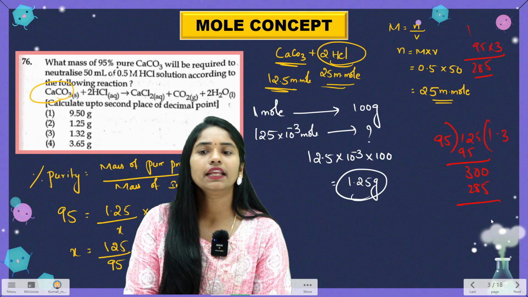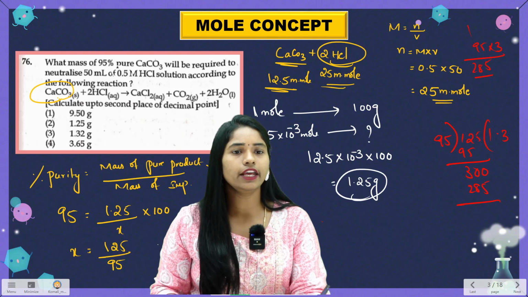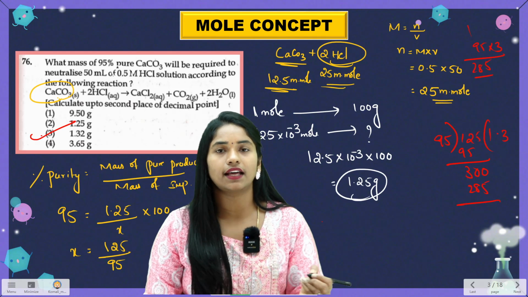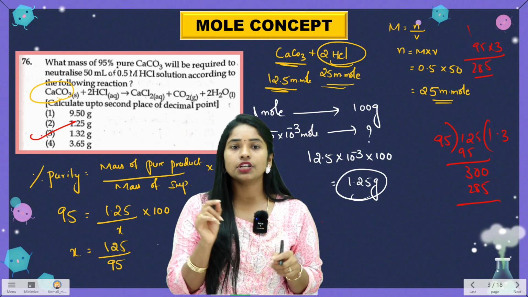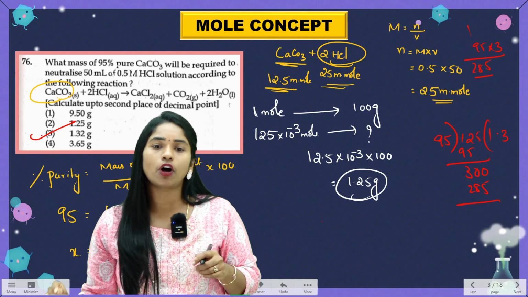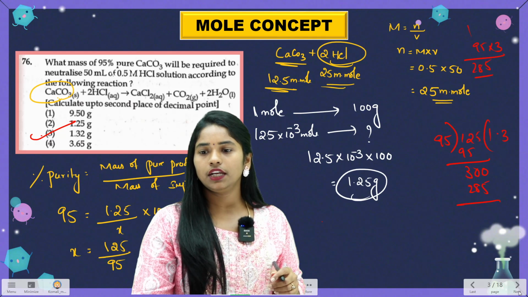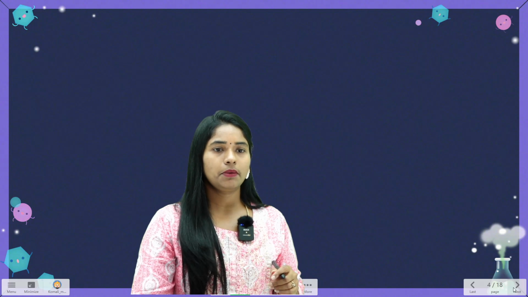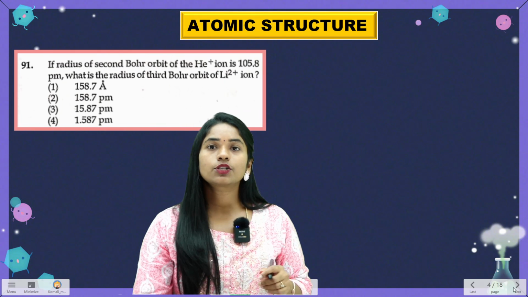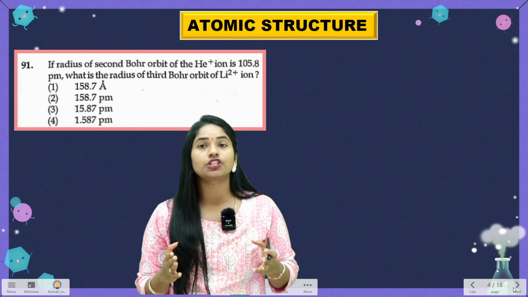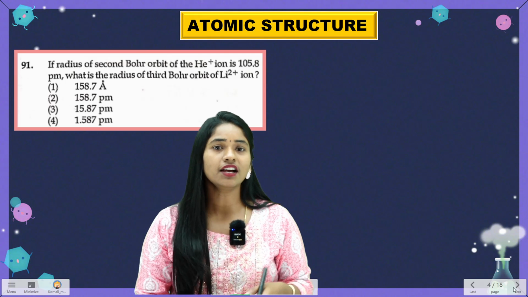So I am getting the value around 1.3. Option 3 is the correct answer. Is it clear? This is the question which we got in the 2022 NEET question paper. See the next question, which we got from atomic structure, class 11.